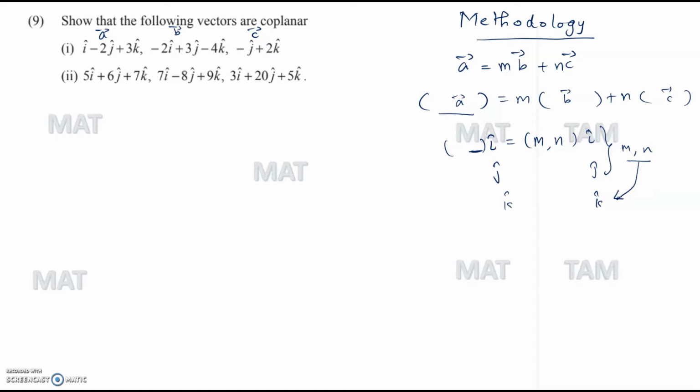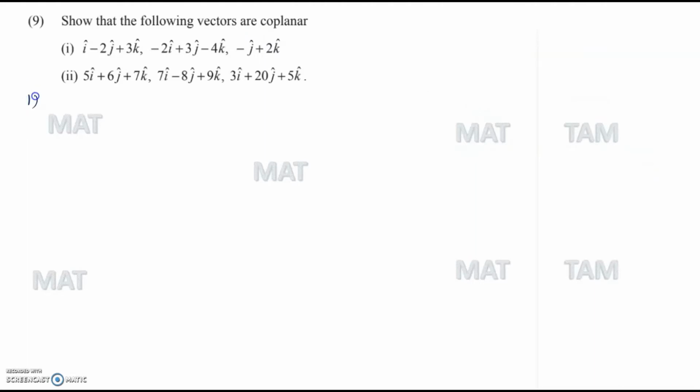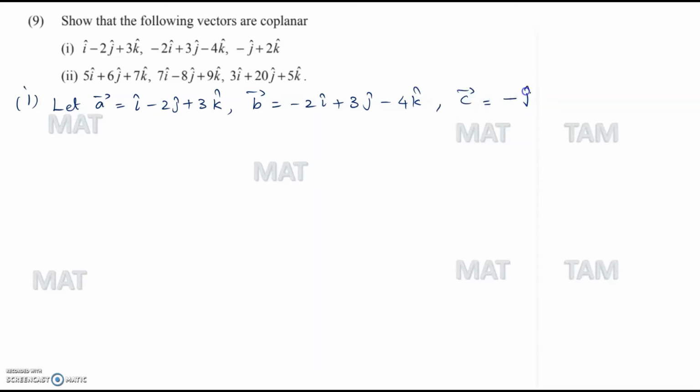So let's proceed to do the problem, the first part of the question. Let vector A equal i cap minus 2 j cap plus 3 k cap, vector B equal minus 2 i cap plus 3 j cap minus 4 k cap, and vector C equal minus j cap plus 2 k cap.